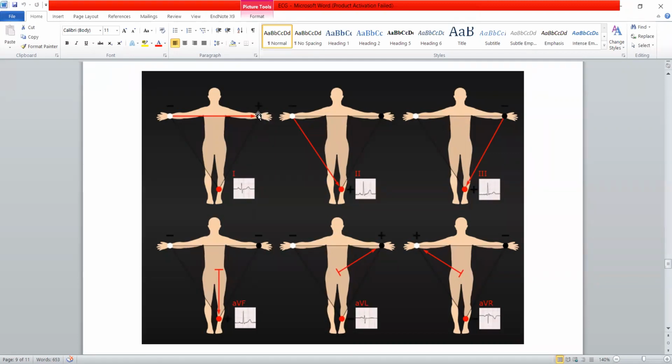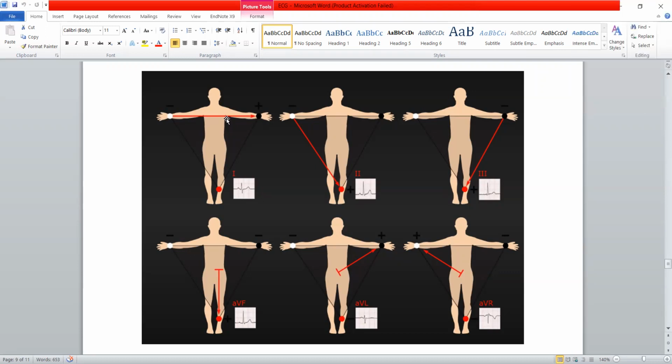So along with V5 and V6, another lateral lead is limb lead 1.